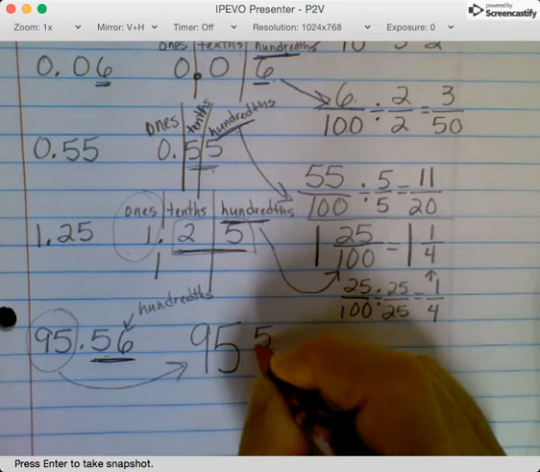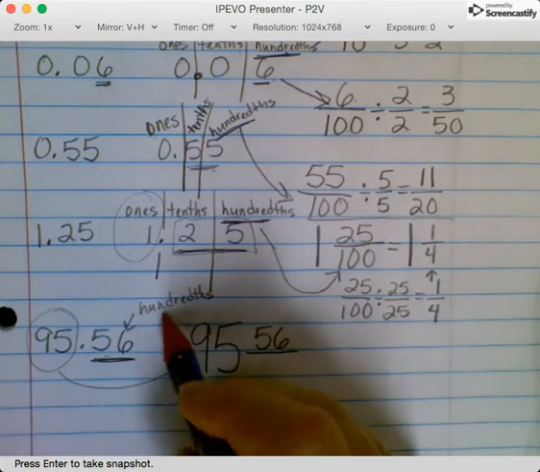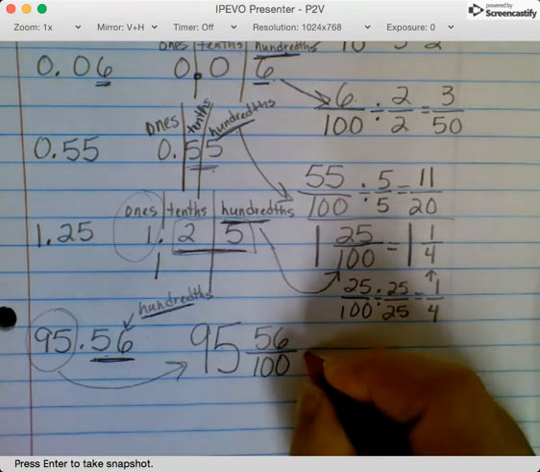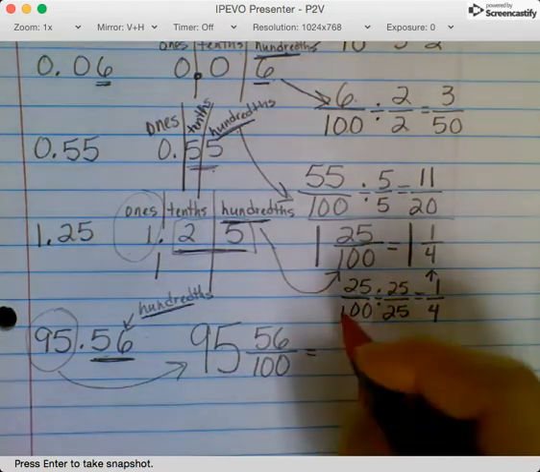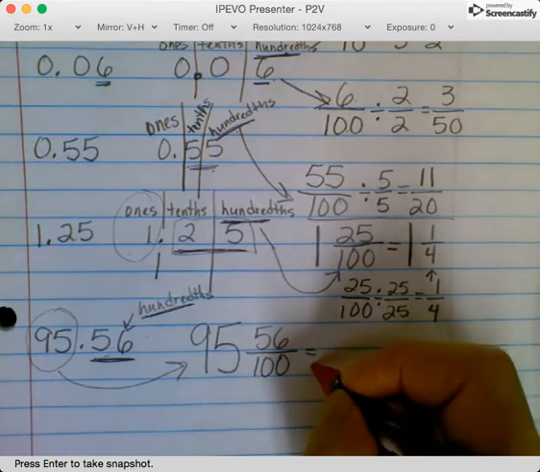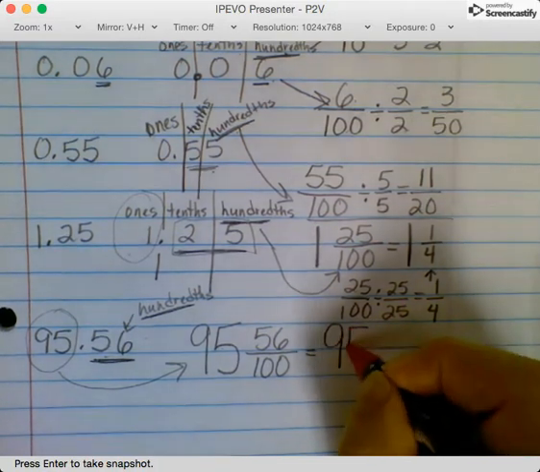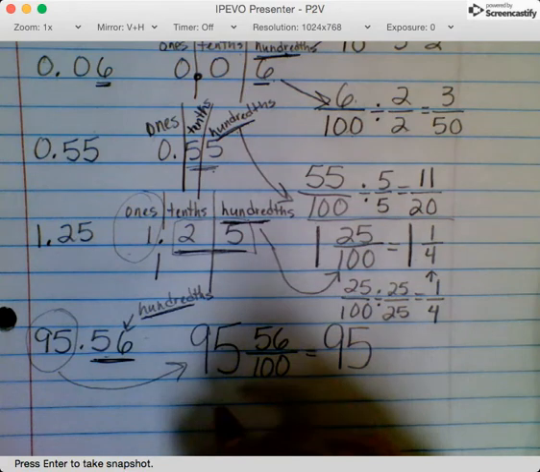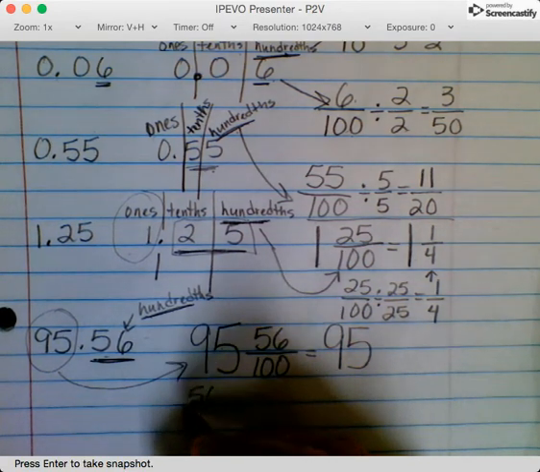Since the 6 is in the hundredths place, I write both of these numbers. So 56 over 100. I'd still be able to reduce, but I still have my 95 the same. Whole number is not going to reduce, it's still going to stay the same. And then I'm going to reduce my 56 and 100.